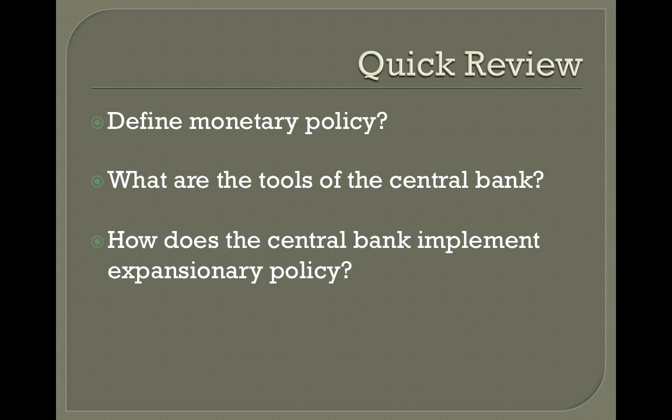Well, what would they do? You can pause the video for a second and think about it, but if you said they would lower interest rates, or they would lower reserve requirements, or they would buy bonds, any of these things would increase the money supply and ultimately stimulate aggregate demand, and that's how they implement expansionary policy.